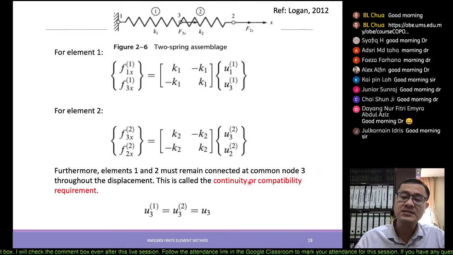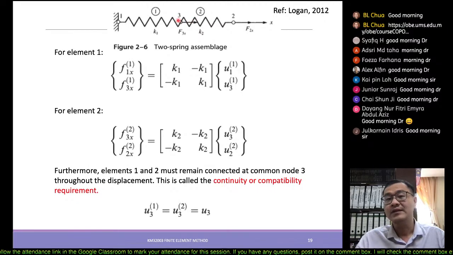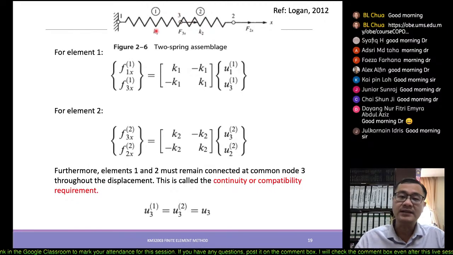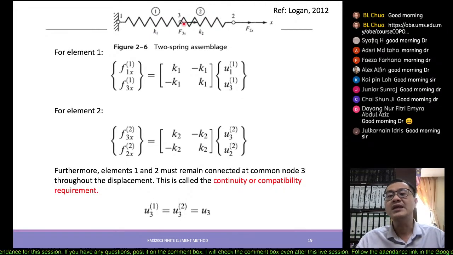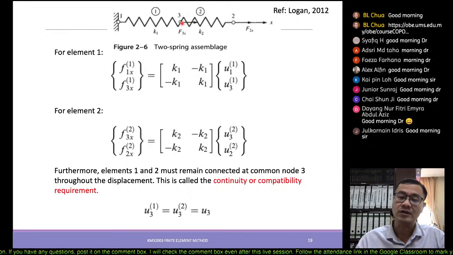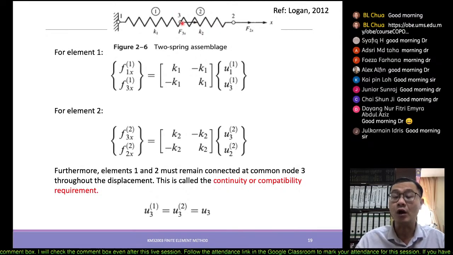What it means is that this particular node, which connects element number 1 and number 2, must be the same node, even though we visually know, we must tell the computer to take note of this.